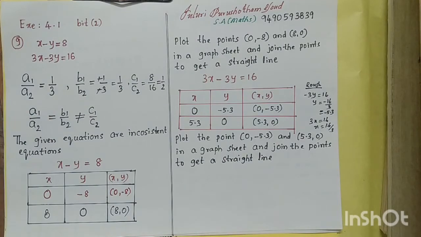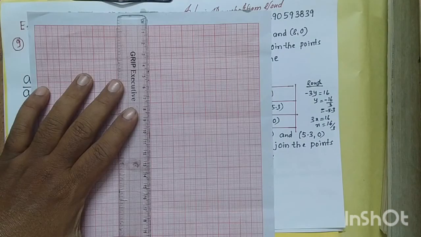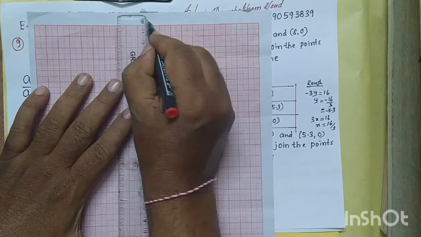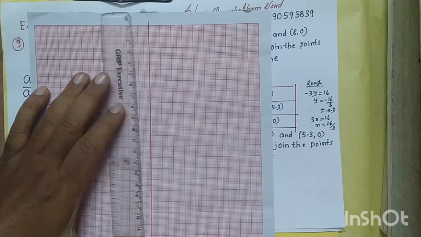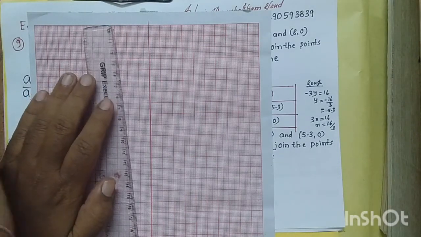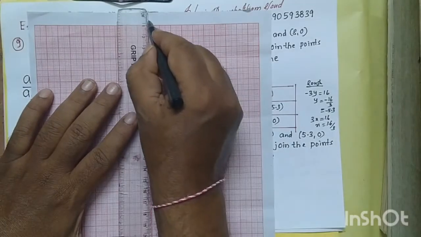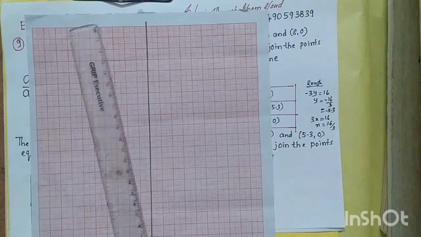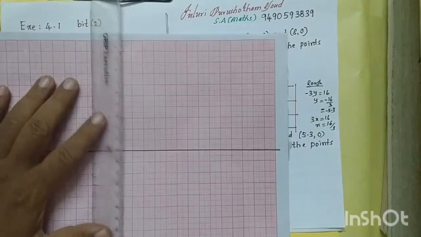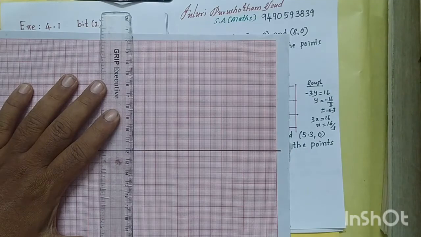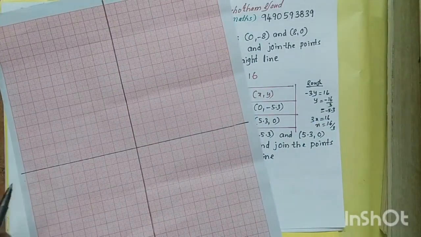This is the graph paper. First I am drawing the vertical line, which we call the y-axis, and draw the horizontal line, which we call the x-axis.